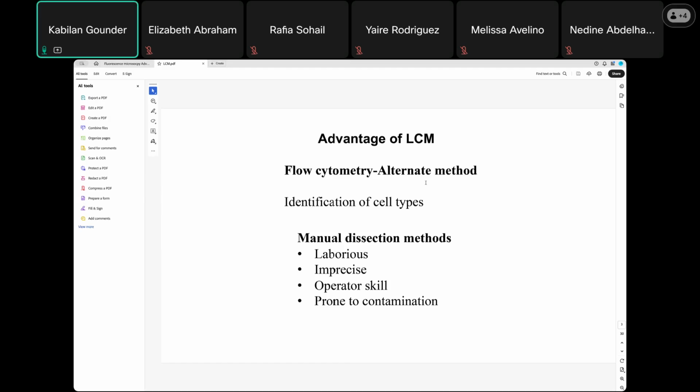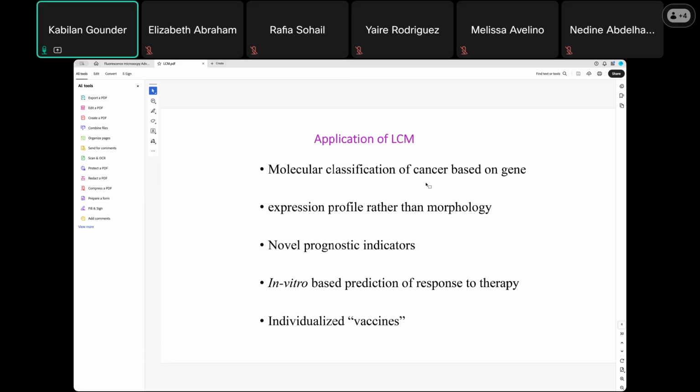Contamination is possible, and it also depends on the experience of the person who handles the tissues to separate them, and it is prone to contamination. These problems arise when we handle the tissues manually to separate them. With this technique, we are able to isolate a single cell from a heterogeneous mass of cells, and we can avoid all these problems.